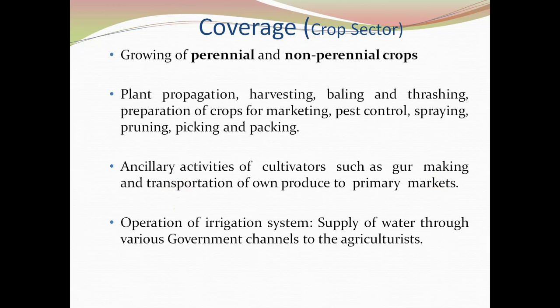This activity is also covered under the crop sector. And operation of irrigation system is also taken in crops. It is calculated by supply of water through various government channels to the agriculturists. Different channels may be canals, tanks, ponds, etc.